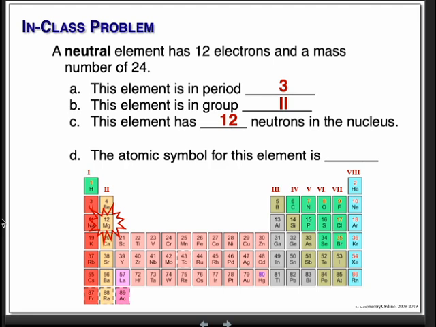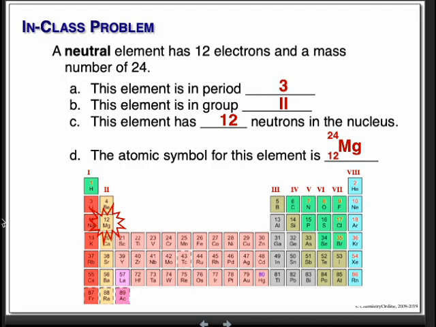So Mg is our symbol, 24 is our superscript, 12 is our subscript, and that's magnesium. Any questions?